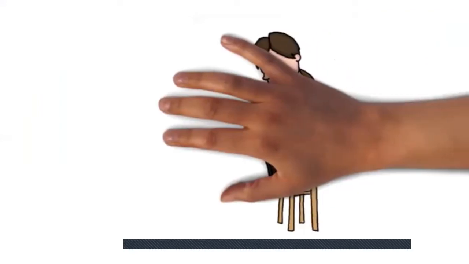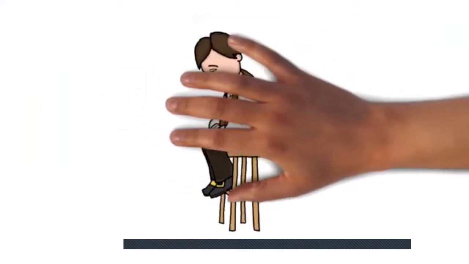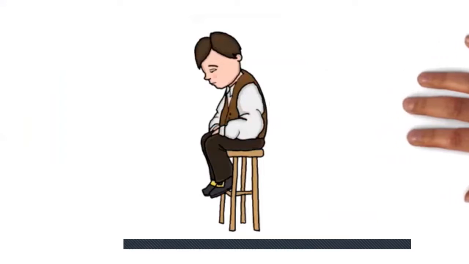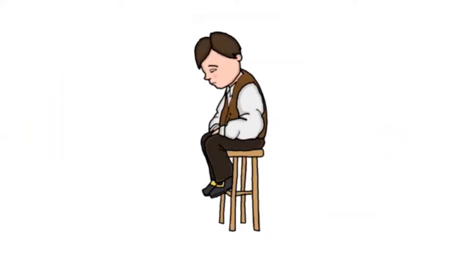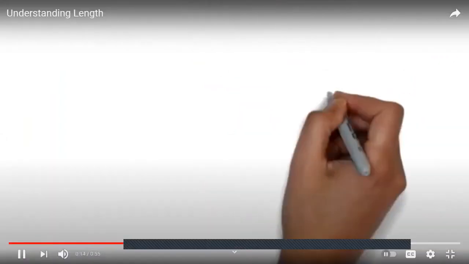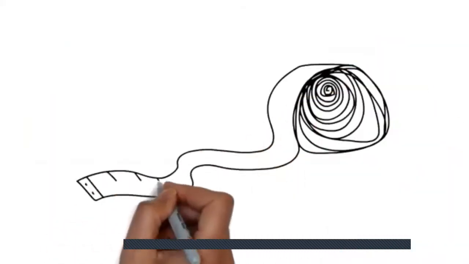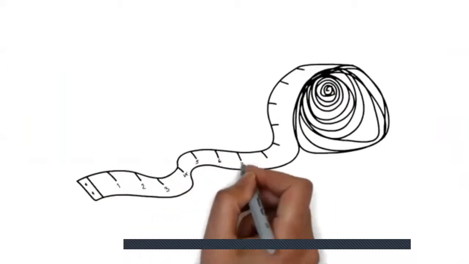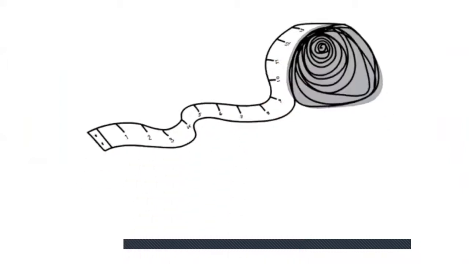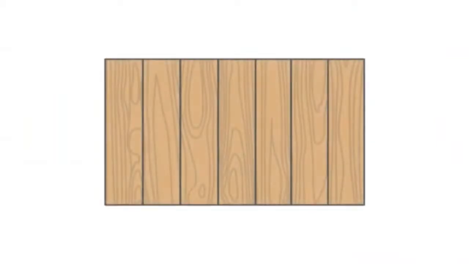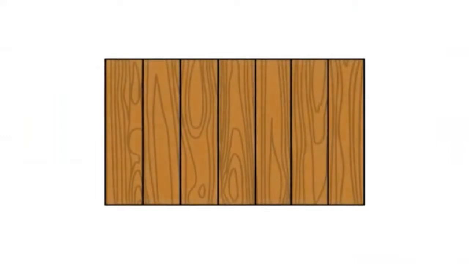There was a boy, very sad. He was sitting on a stool, wondering how can he find out how big is his table. He actually wanted to find out the length, so he thought about a measuring tape. So he went to the table and stretched the measuring tape from one end to the other.